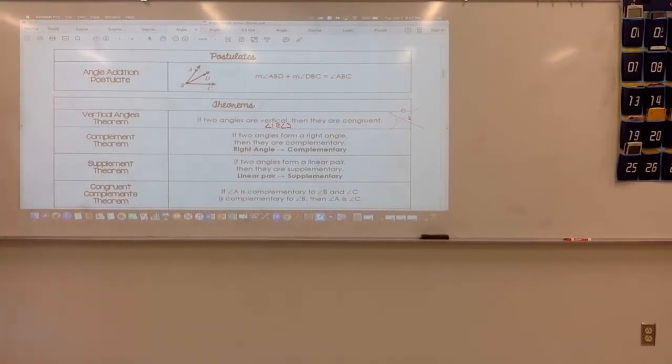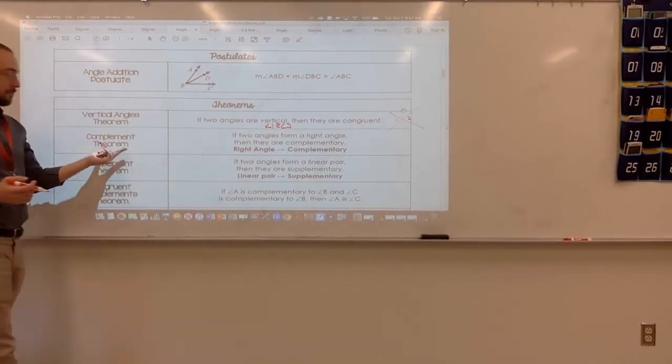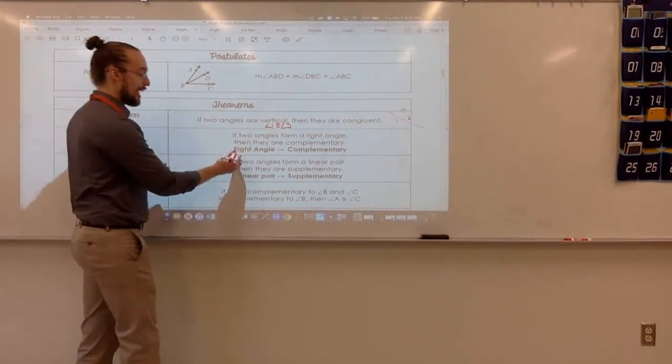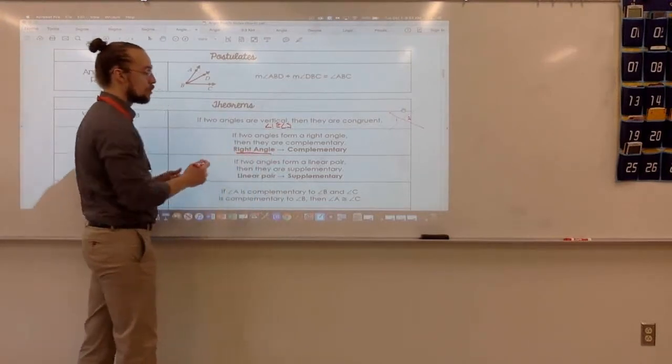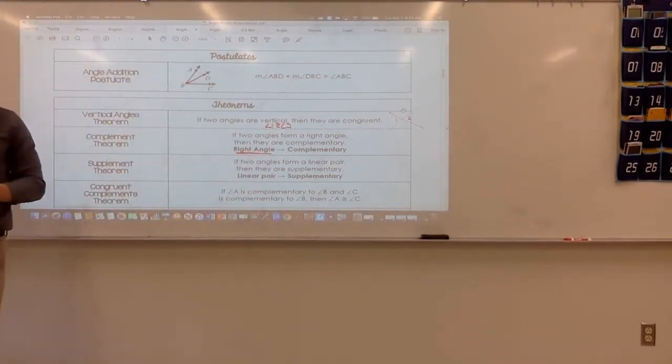The complement and supplement theorem, a lot of times these ones tend to get confused with ones up above, the definition of complementary and definition of supplementary. So complement theorem is saying if I know two angles form a right angle, then they're complementary.